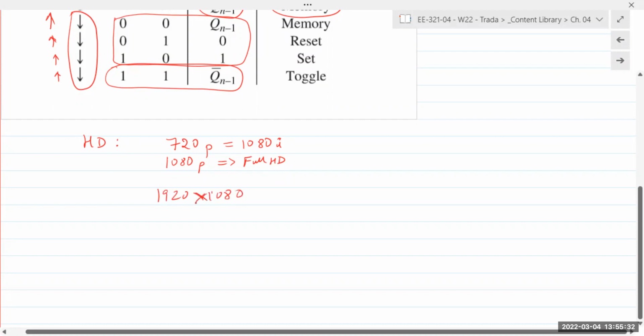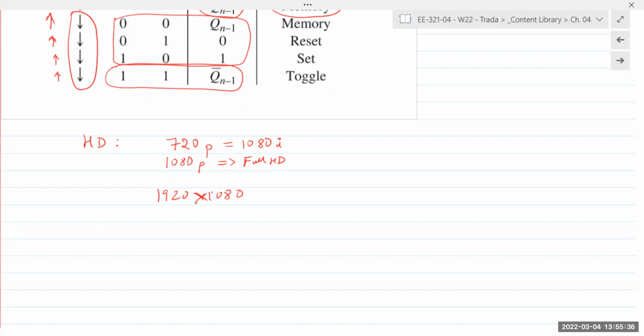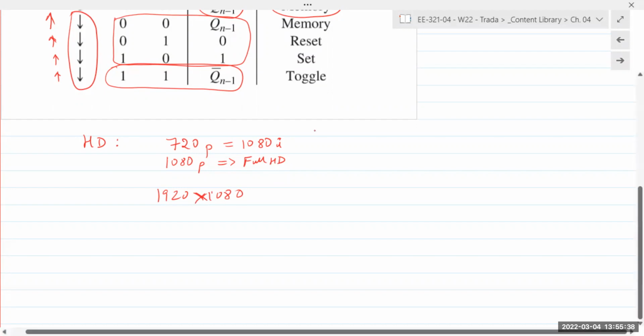Then came the higher resolution. They doubled both. So here, this resolution became 1440p, and this one actually became 3840 because it's twice, right? It's twice.